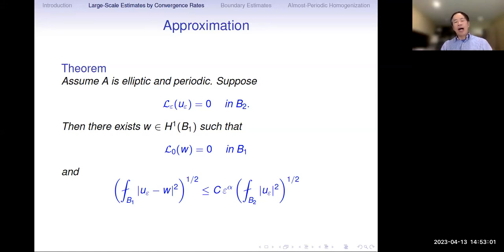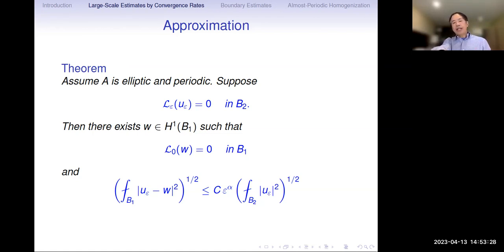So then we can find a solution of the homogenized equation in B1, so that the L2 average of U epsilon minus W is controlled by epsilon to some power alpha times the L2 norm of U epsilon over B2.